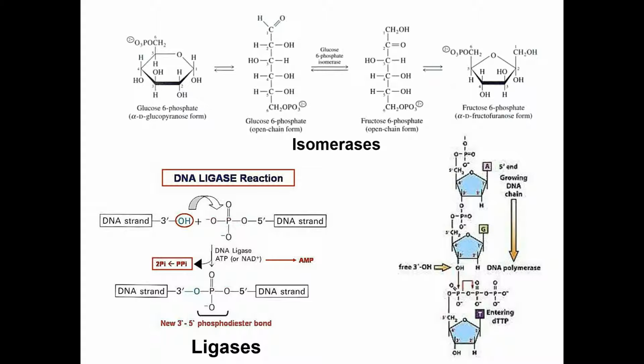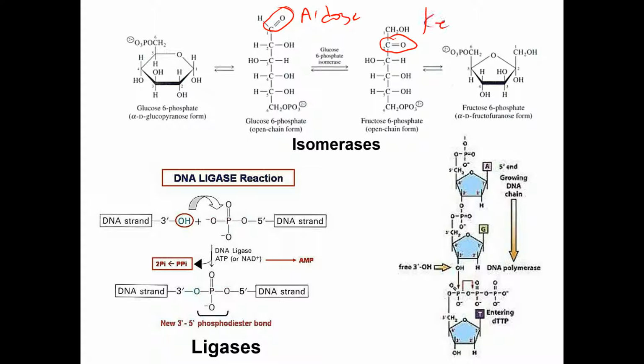All that's taking place is that this little carbonyl group here goes from being at the end of the chain, for instance in an aldose sugar, and you switch it so it's in the backbone of the molecule.